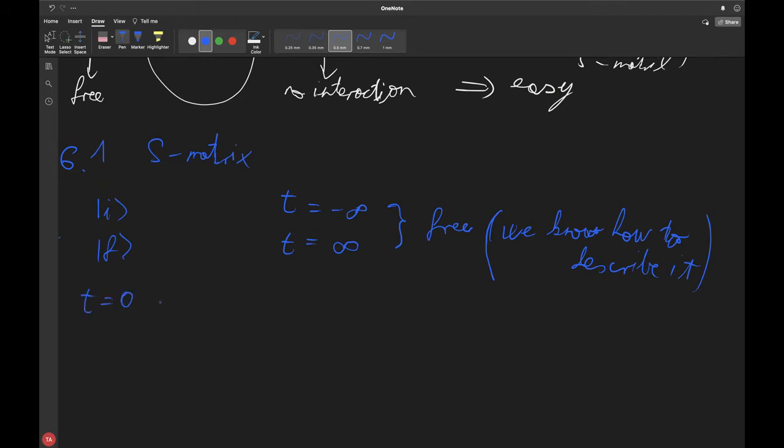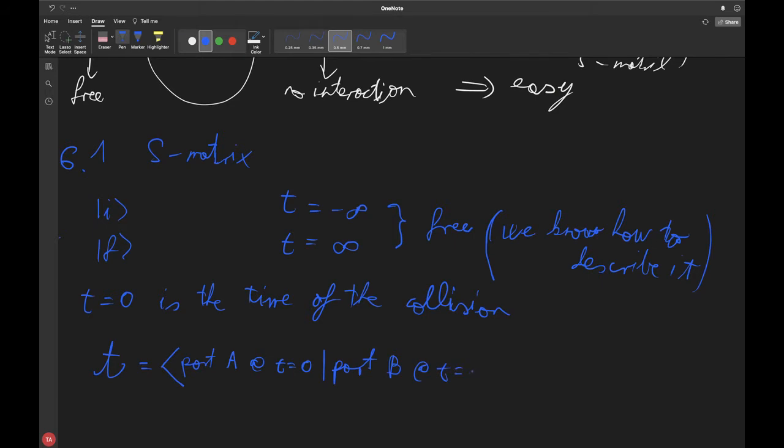T equals 0 is the time of the collision, and the scattering amplitude is going to be denoted with an A, and it is the scalar product of a particle A at t equals 0, multiplied with the particle B at, again, t equals 0.